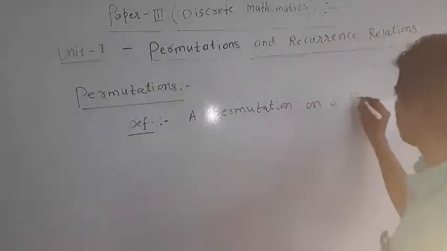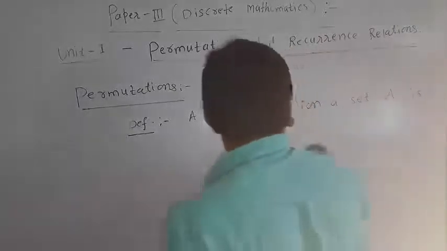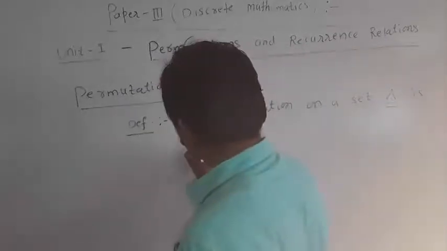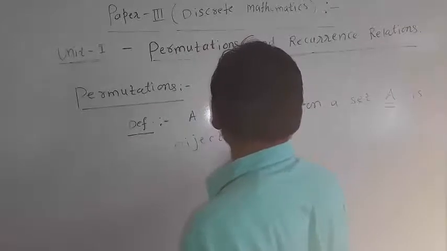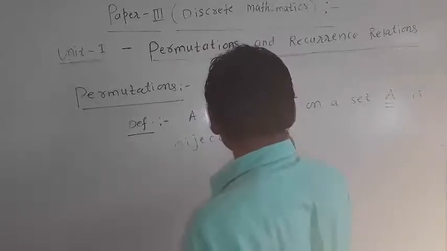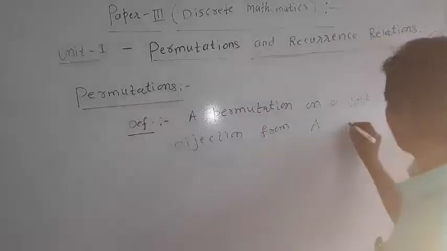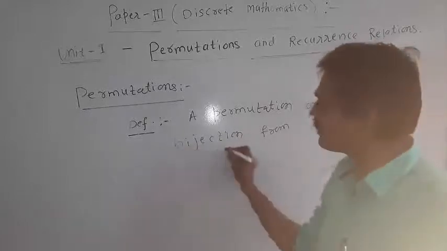A permutation on a set A is a bijective function, a bijection from A onto A. Bijection means bijective function.